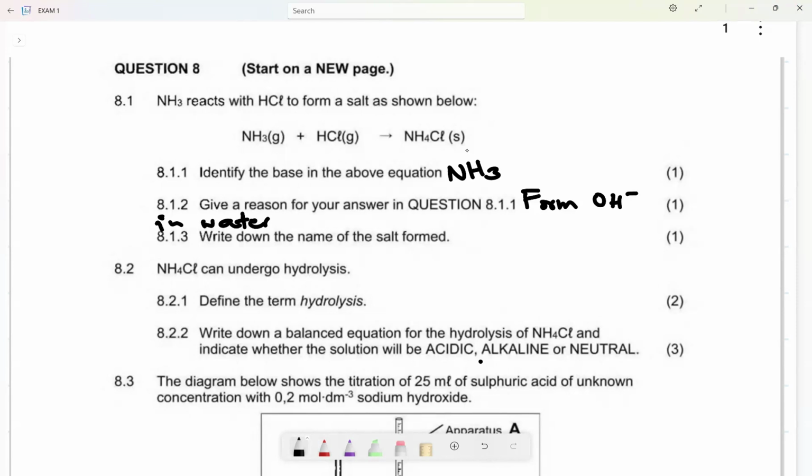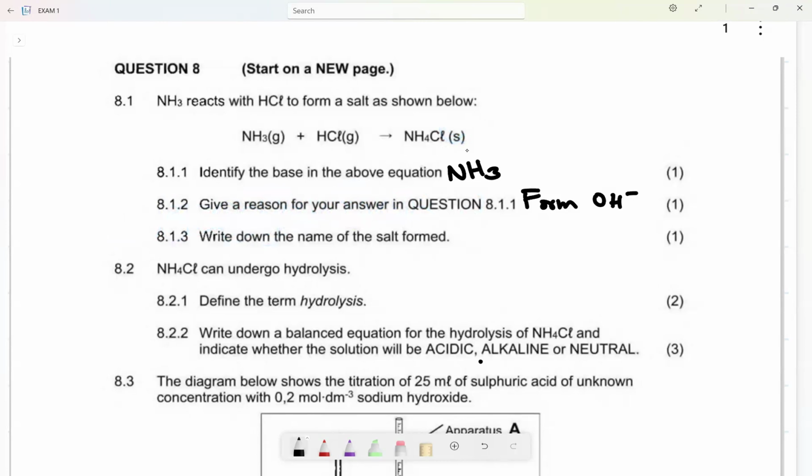Another reason that you can say is that it is a proton acceptor. Remember, when it accepts a proton, it's going to be NH4 plus. So let's move on. Write down the name of the salt formed.